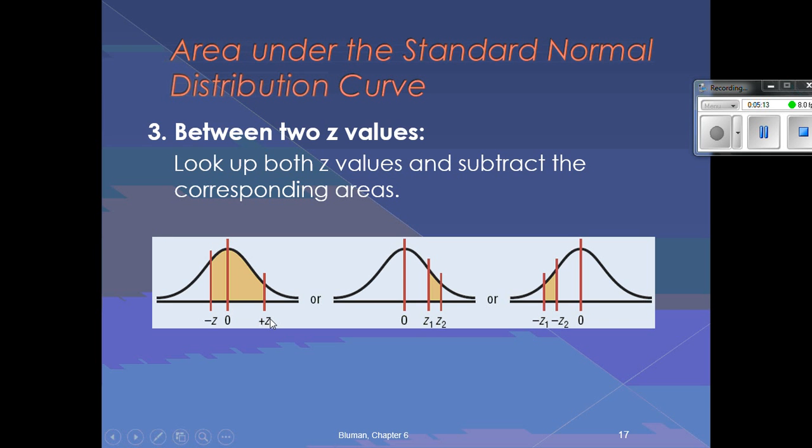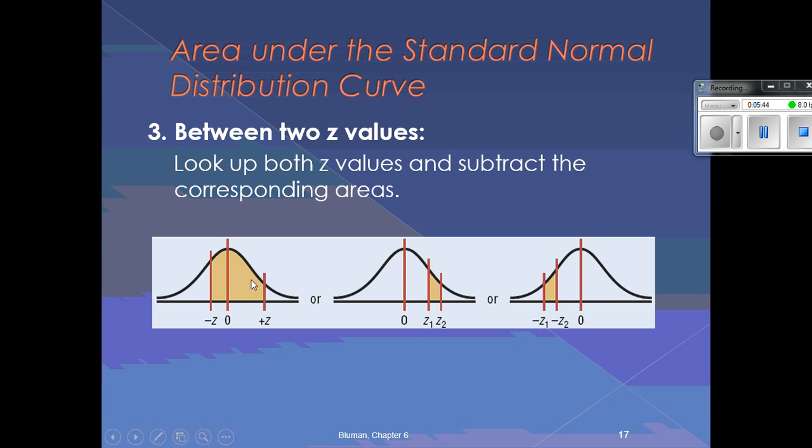Well, keep in mind that you're going to get a value for this one, which is less than, which would be all of this, and you're going to get a value for this one, which would be all of this. Well, if this is, let's say, 0.8, which is all of this, and this is 0.3, which is all of this, you would take the 0.8, which is all of it, subtract the 0.3, and that would give you everything in between.